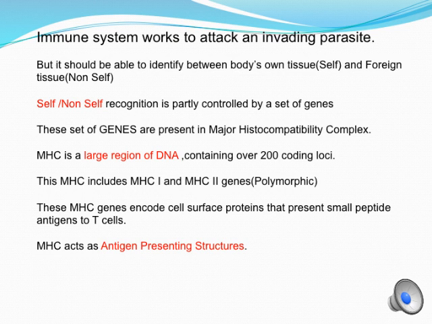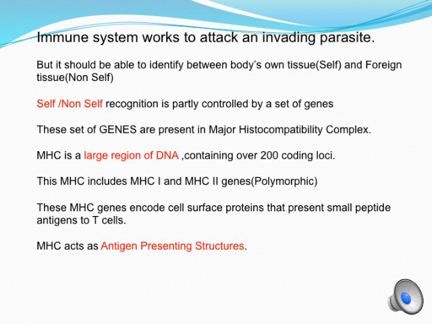Now, whenever your immune system is harmed, then the cells of our immune system will start reacting to those foreign particles so that the steady state of the physiology of our body is maintained properly.